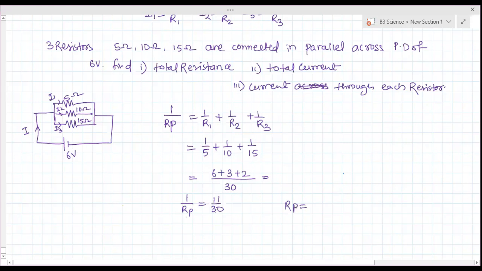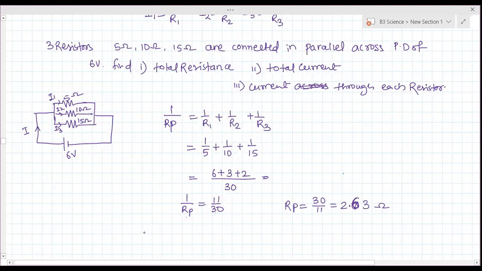Total resistance is 30 by 11, which is equal to 2.63 ohms. Clear? So Rp is 2.63 ohms.